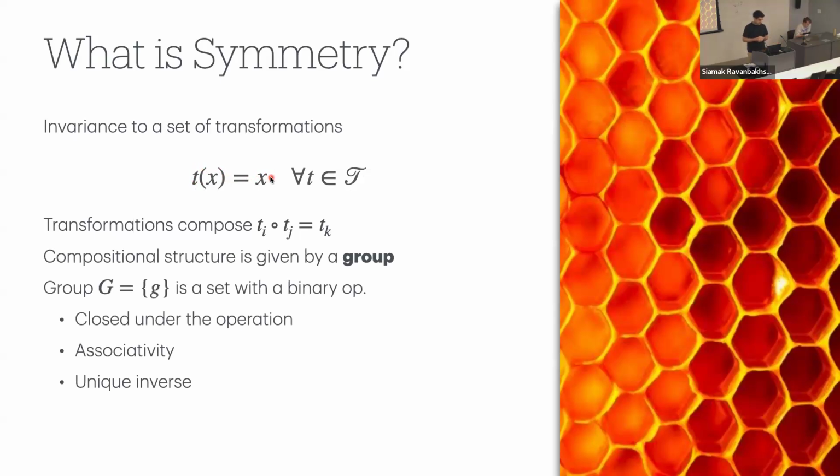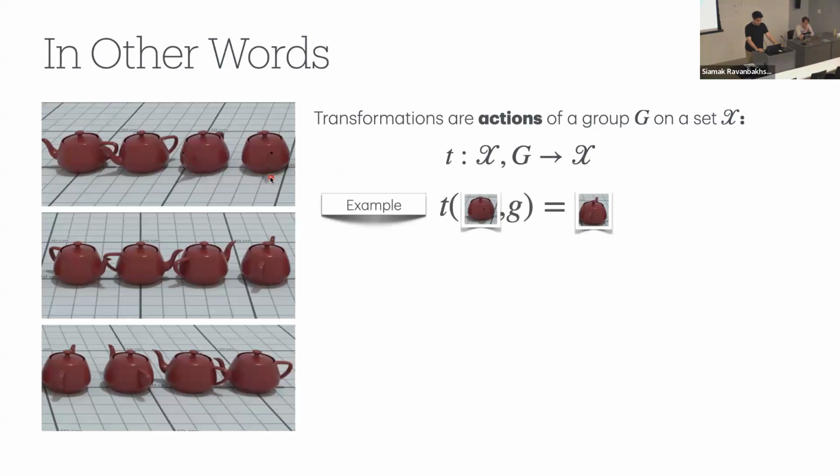Now, this becomes more clear as we go on. A group G is a set with a binary operation, and you can think of this binary operation as corresponding to the composition of these transformations. And it has some additional properties. So to make this more concrete, we can think about transformations as actions of abstract groups on sets. We have this transformation T that takes an element from the set X, takes an element of the group, and produces another element from the set.